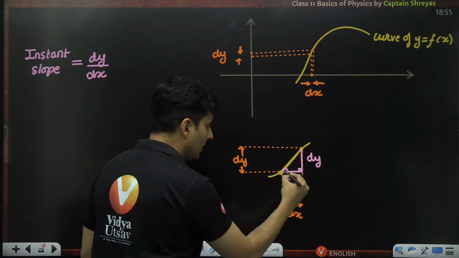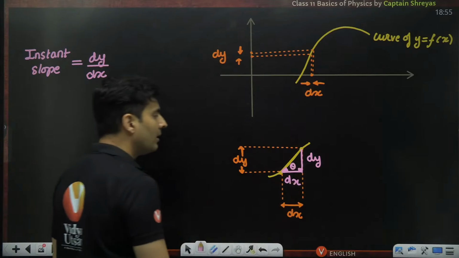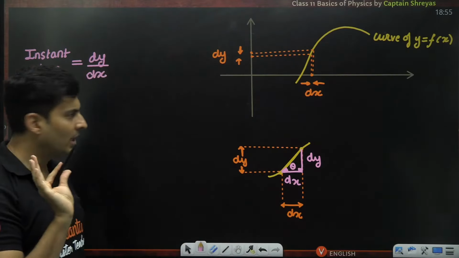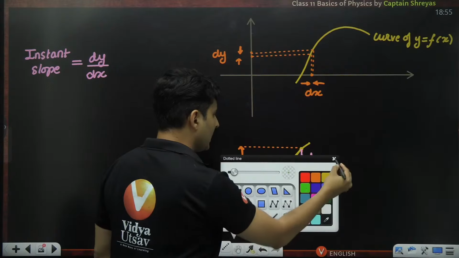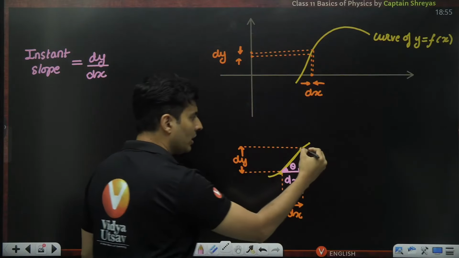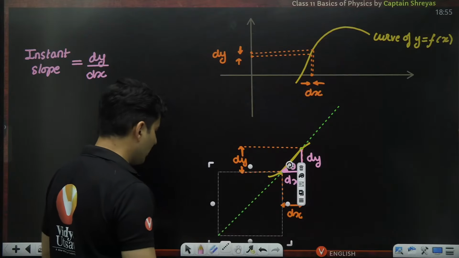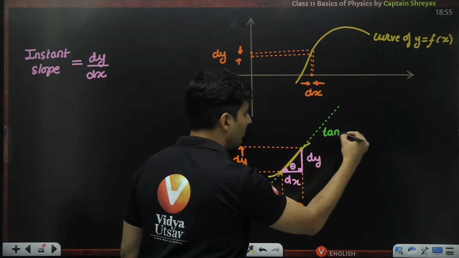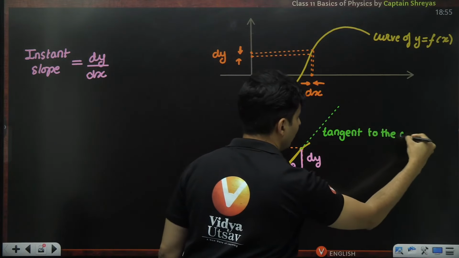How about checking out this angle over here? Let's say I will call it theta. That particular angle is theta. What will happen if I just extend that hypotenuse here and here? In fact, that will become the tangent to the curve.